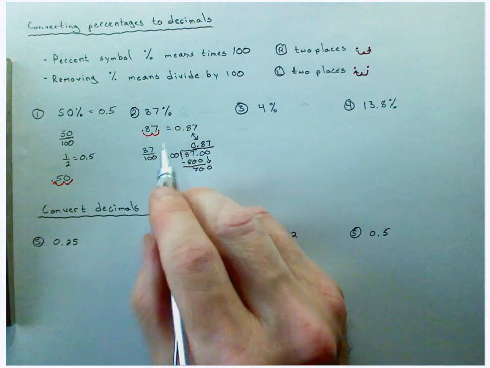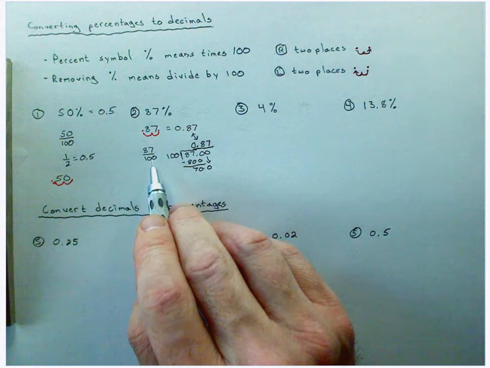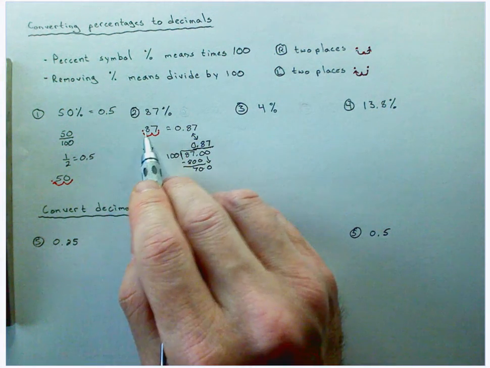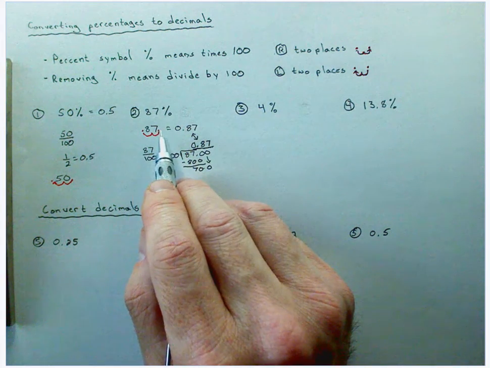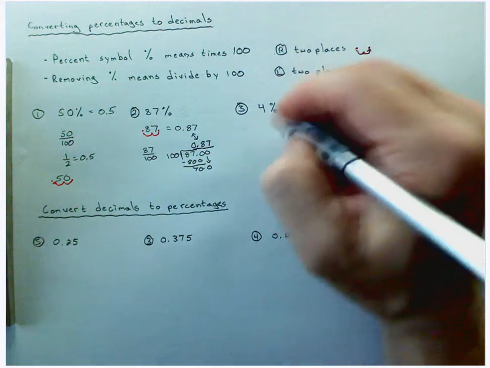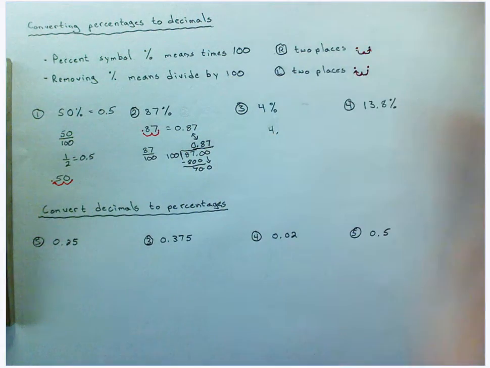Whenever you multiply and divide by multiples of 10, especially 10, 100, 1000, it is a matter of just moving the decimal place, or what we even say is adding zeros or taking zeros away. Alright, so 4%. There's my number 4, and there's my initial decimal point.